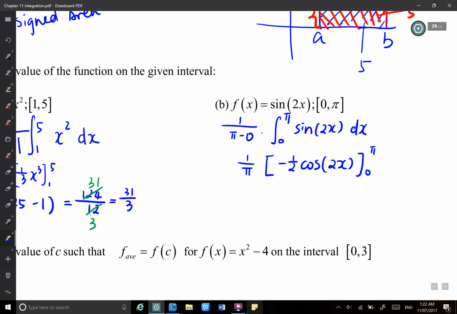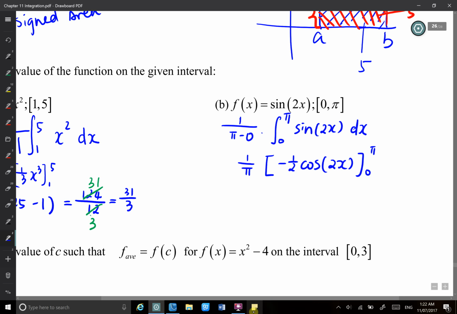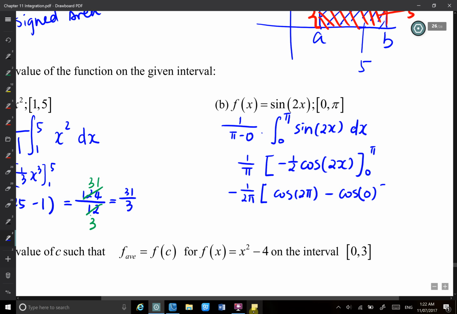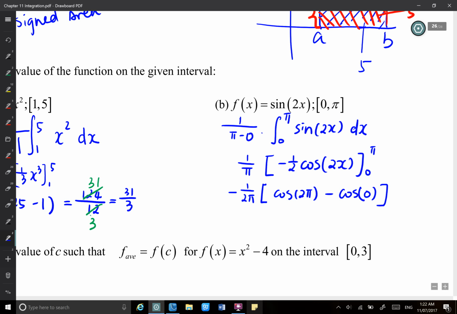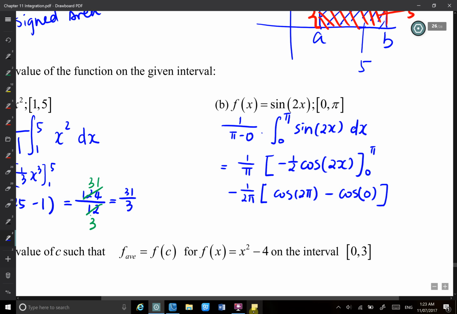Sine goes back to cosine, which will be negative. So we have negative 1 over 2 pi times cosine 2 pi minus cosine 0. Cosine 2 pi and cosine 0 are the same thing, so that's just 0. The average value is 0.